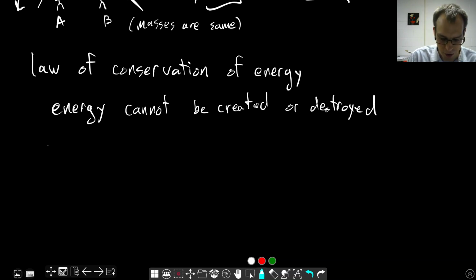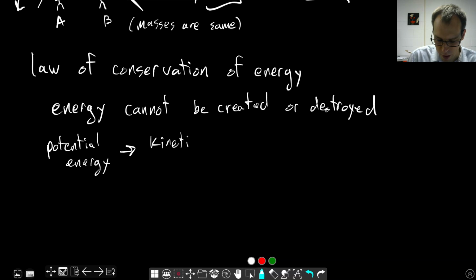For example, we can transform potential energy into kinetic energy, but it doesn't just disappear. The energy will stay constant throughout the universe. You'll have energy that gets exchanged with the surroundings of the system, but the energy never completely disappears. It just turns into a different form.